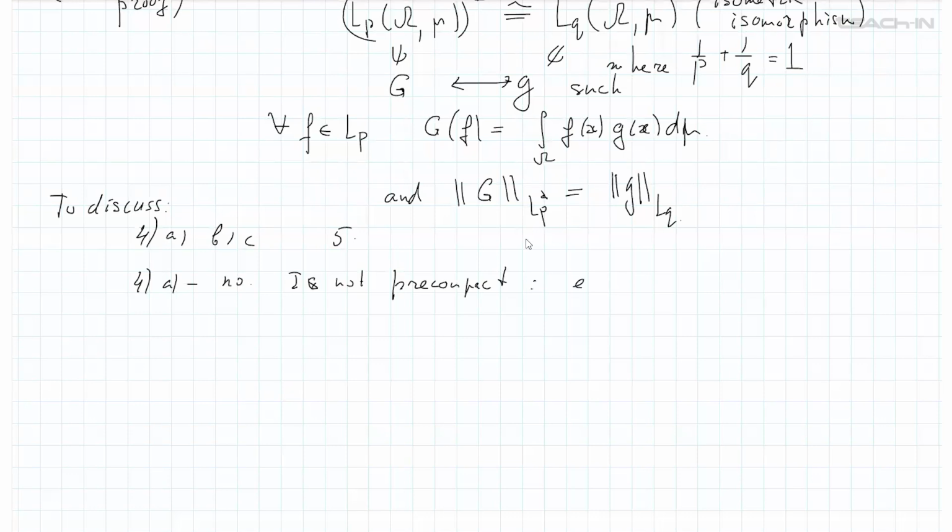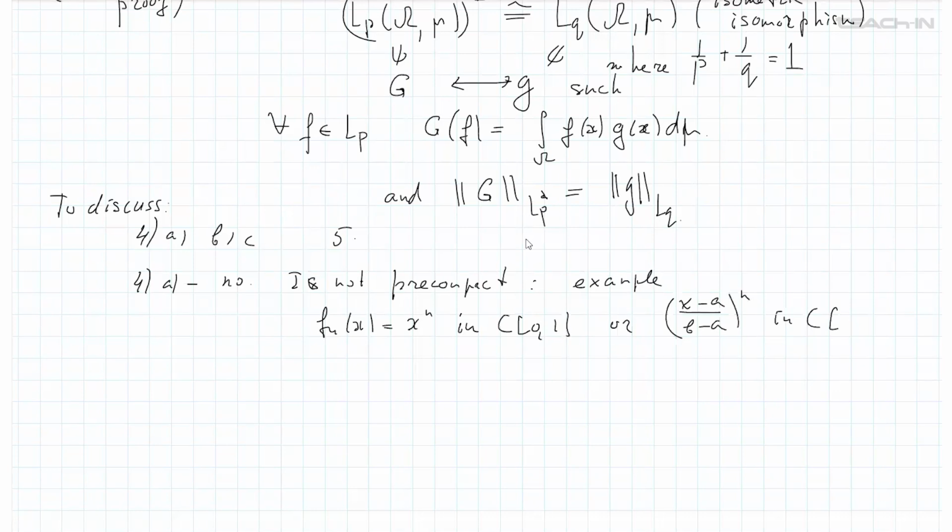Example from our seminar: f_n(x) = x^n on this space, or ((x − a)/(b − a))^n on [a, b]. It's just an affine transformation, so that doesn't matter.